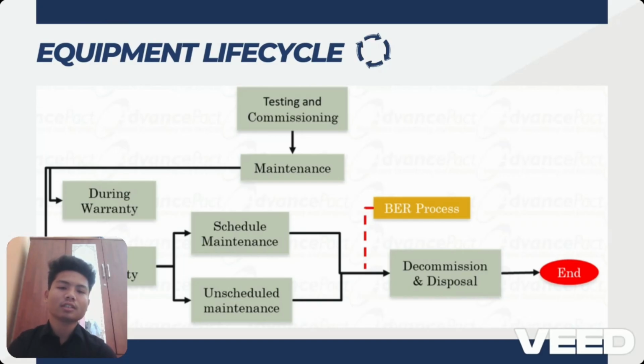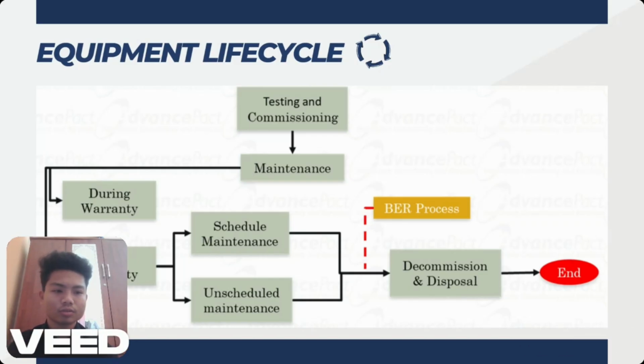During warranty, the maintenance will be held by the manufacturer, and the post warranty will be maintained by the user. Then the next step is scheduled maintenance and unscheduled maintenance. And before decommissioning and disposal, we have to do the BER process.